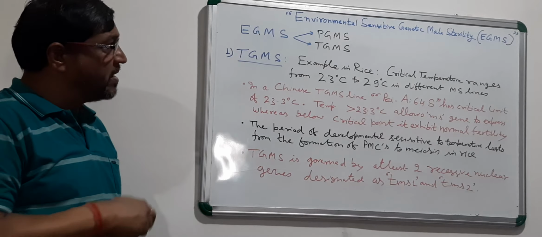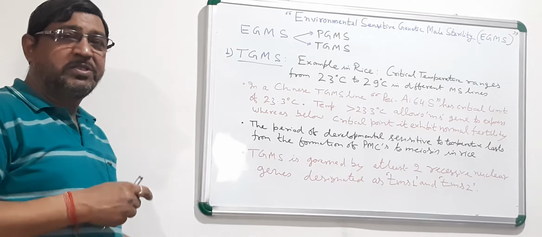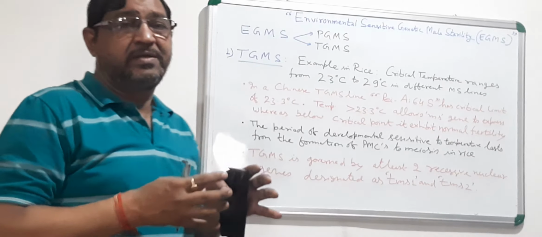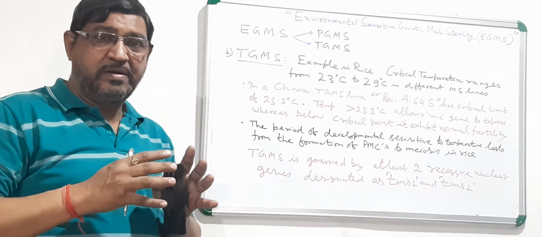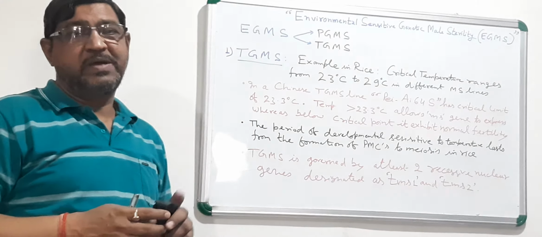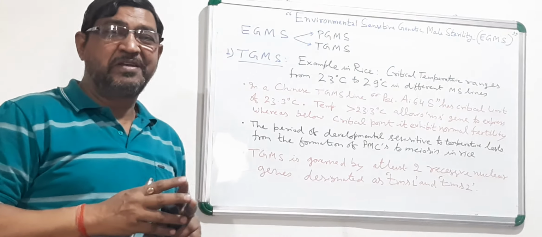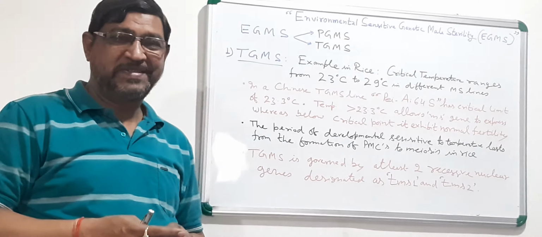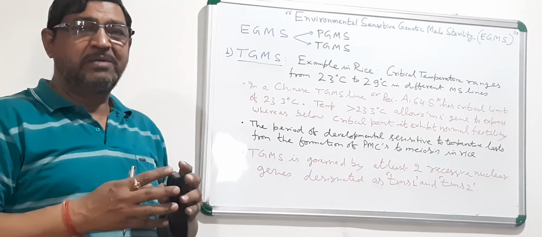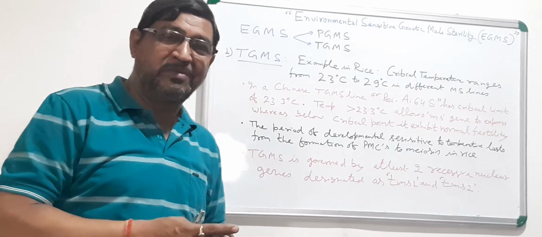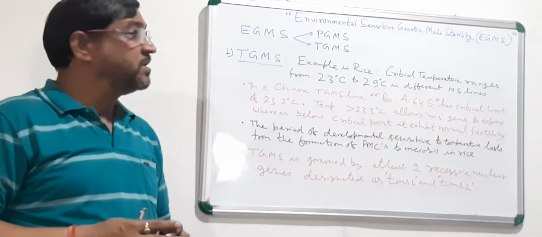So this is the behavior of the TGMS line, and once you are using this EGMS line for developing hybrids, those hybrids are called two-line hybrids. And once you are producing the hybrid seeds through this system, this hybrid seed production is known as the two-line system of hybrid seed production, whether you are using PGMS or TGMS.